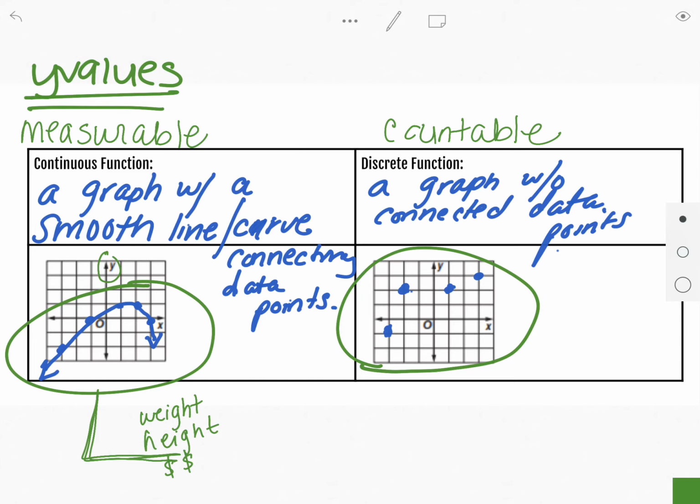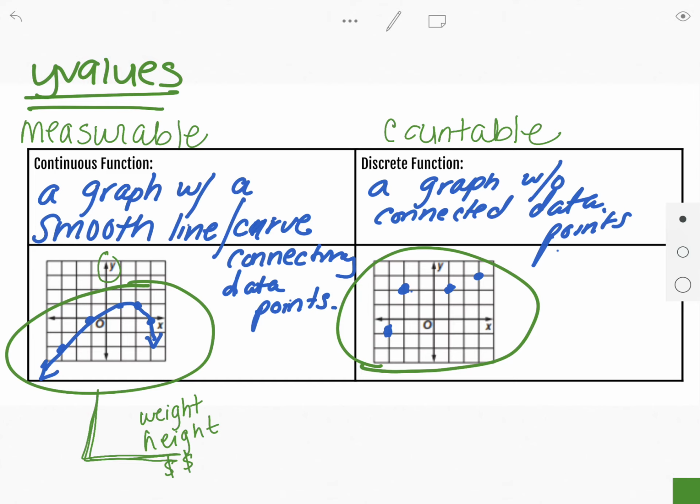You can measure weight, you can measure height. And in a continuous graph, your answer could fall in between two whole numbers. Someone's height, it makes sense that someone might be 5.5 feet tall. It makes sense for you to make $325.72 working at a restaurant over a week. It makes sense to fall in between whole numbers.